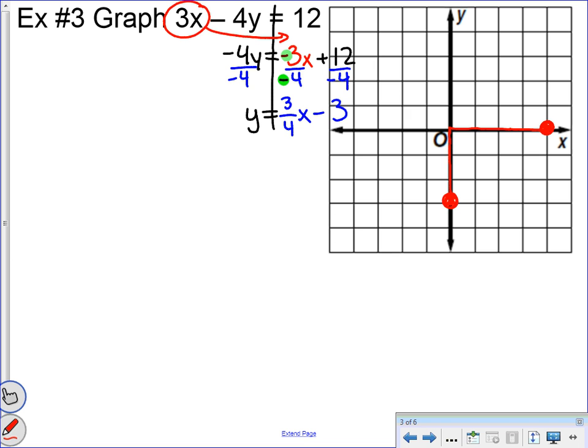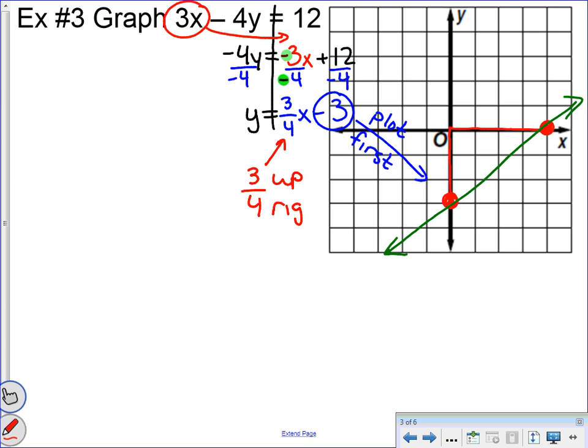Put a dot there, and then connect them with a line. So remember, start with the -3. Plot it first. Then take your slope, which is 3 over 4, and go up 3 and right 4.